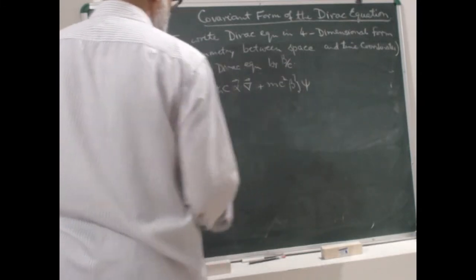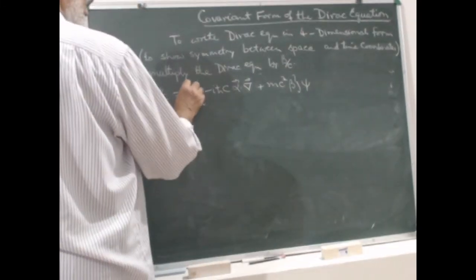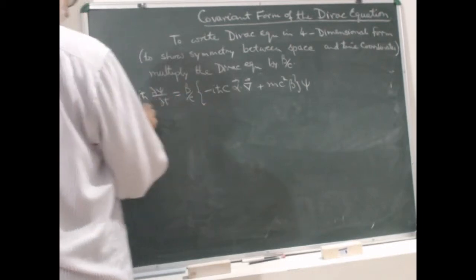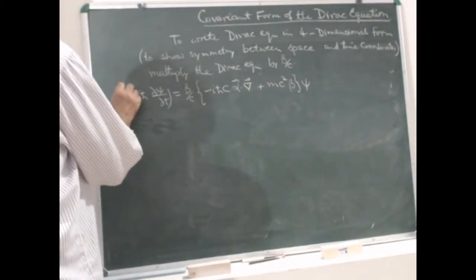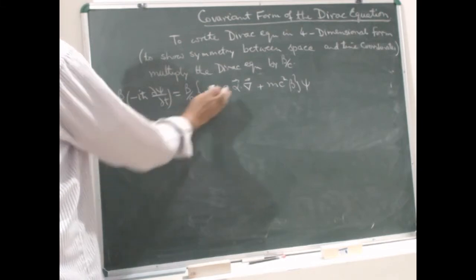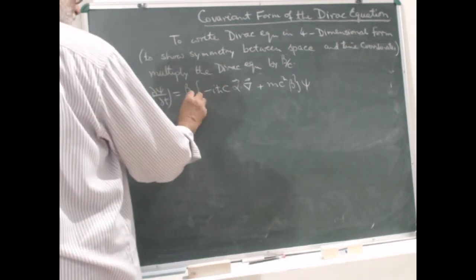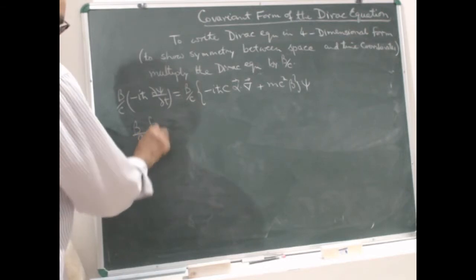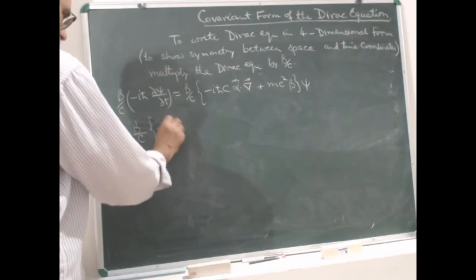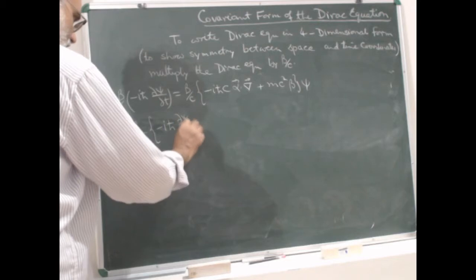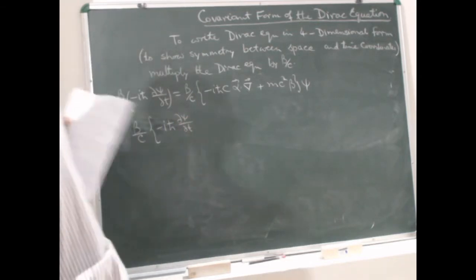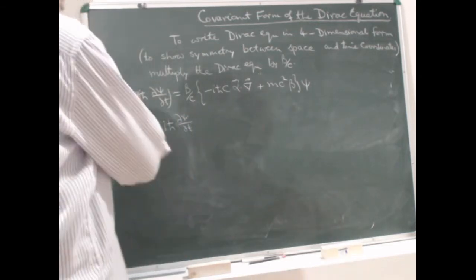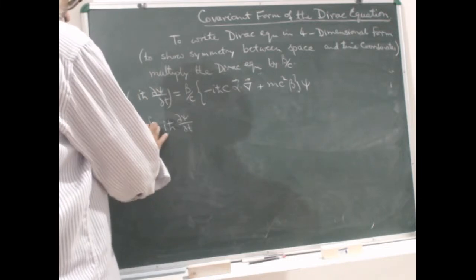Now multiply this by beta by c on this side also, and beta by c here. Bring the whole equation to one side. So we have beta by c, h cross del psi by del t. So it's not minus, it's plus. Sorry, it's plus.